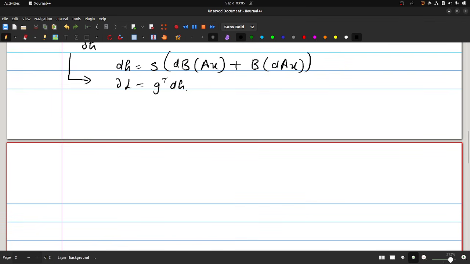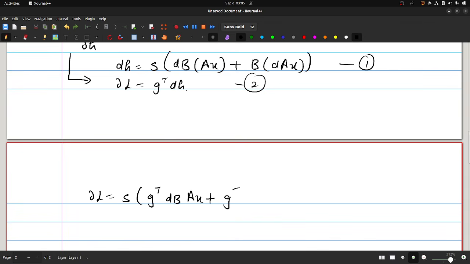Now we just need to put the first equation into the second equation. So dL is S times G transpose dB AX plus G transpose B dA X.